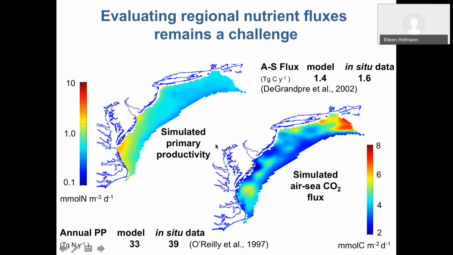So we don't know in many ways whether or not what the model has estimated really is an underestimate relative to this in situ estimate. But these are the types of data we have, and we probably need to do a better job at evaluating these types of fluxes.